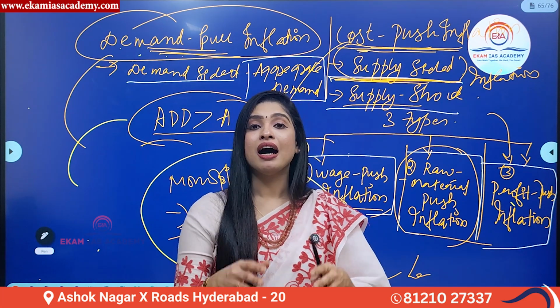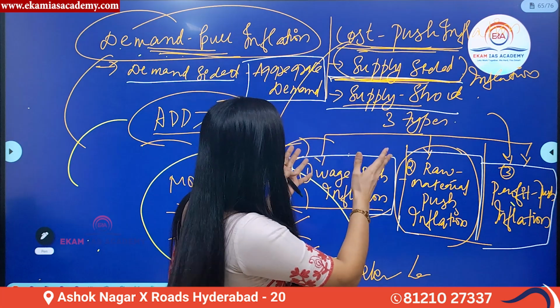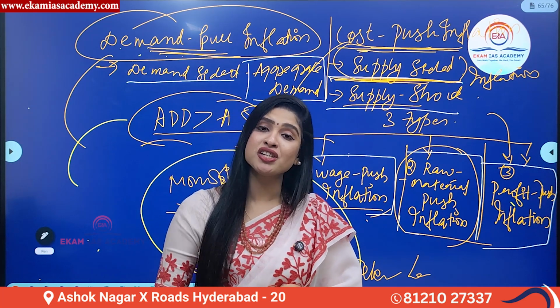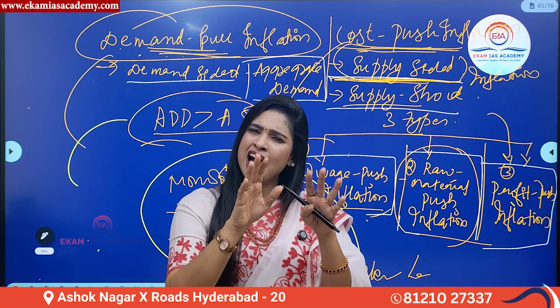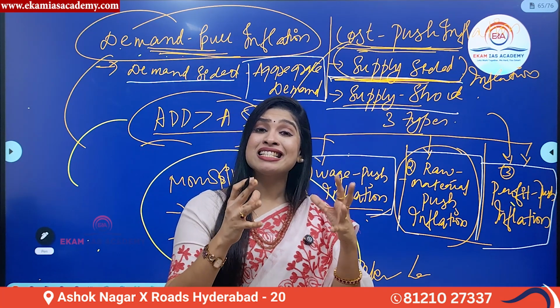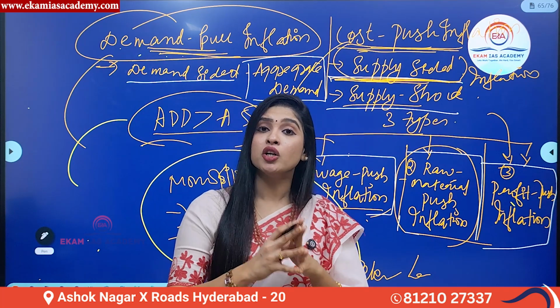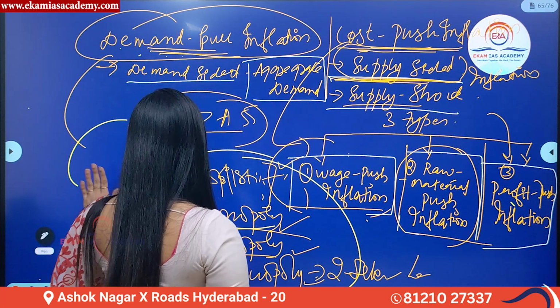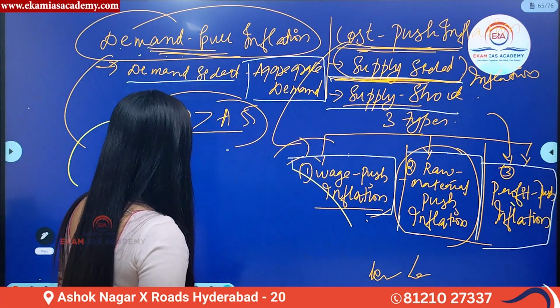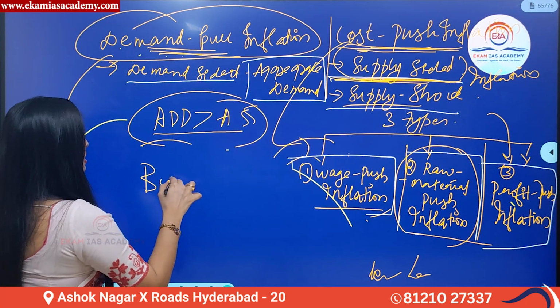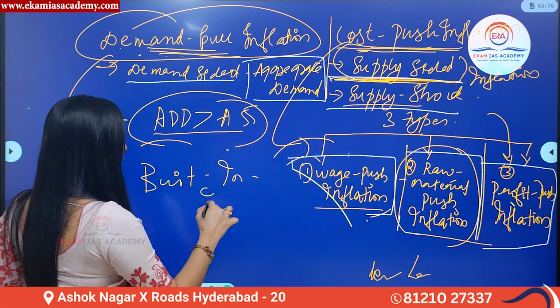Is it clear? I hope the different categories of cost push inflation are crystal clear to you. Having said that, the last type of inflation based on reasons or causes is built-in inflation. Built-in means what? Something that is inbuilt, right?